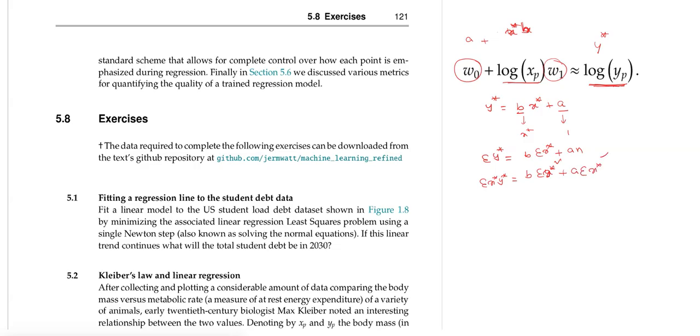So by using this I can compute both a and b clearly. In place of a there is w0, in place of b there is w1. By using this we can compute that.